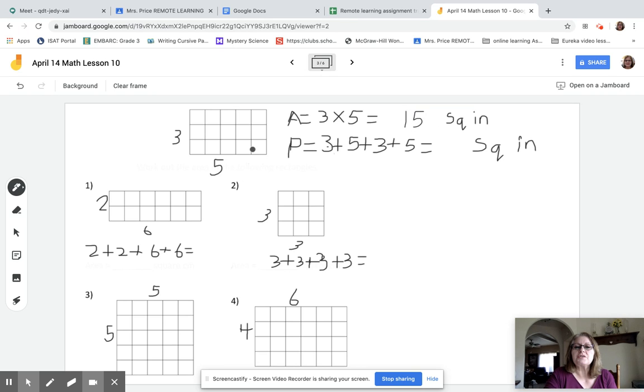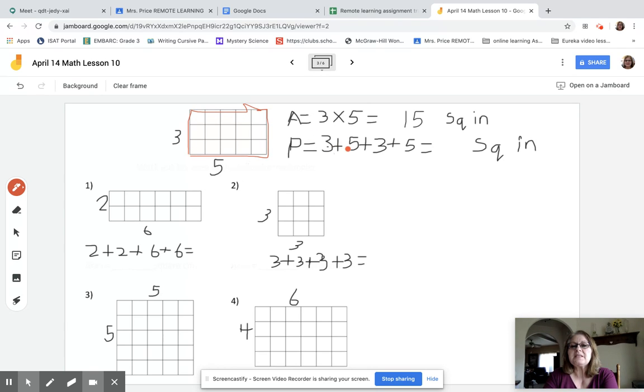15 square inches, right? Now to find the perimeter, remember we're going to add all sides. Add up all sides. So it's going to be 3 plus 5 plus 3 plus 5, because we know this is going to be 5 because this is 5, and we know this is going to be 3 because this is 3, and they're the same.